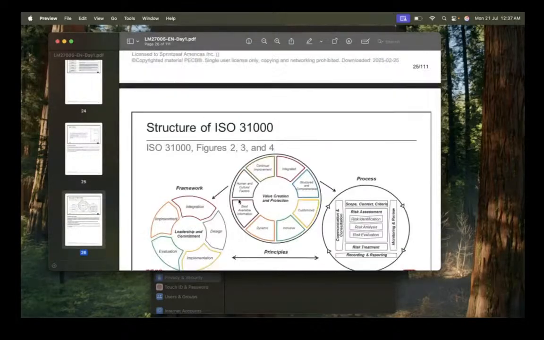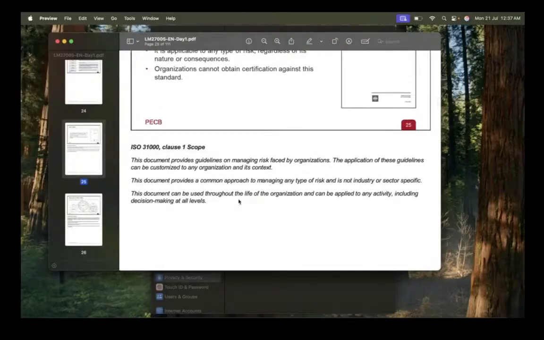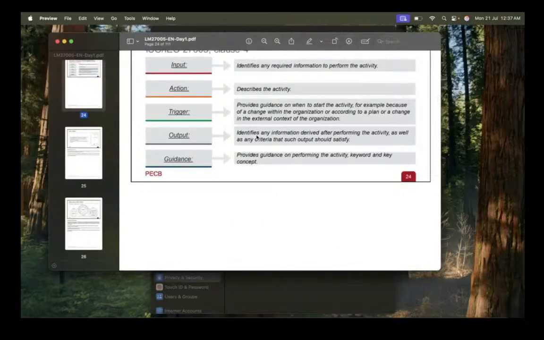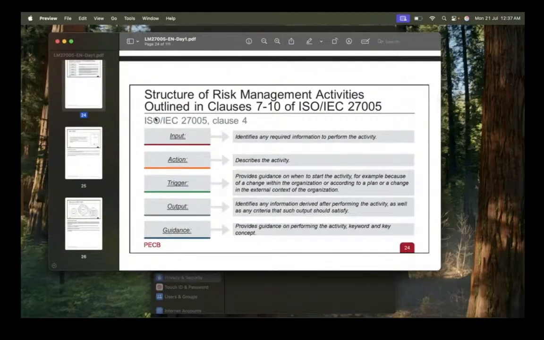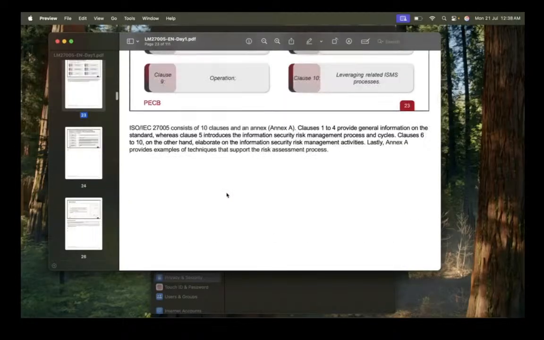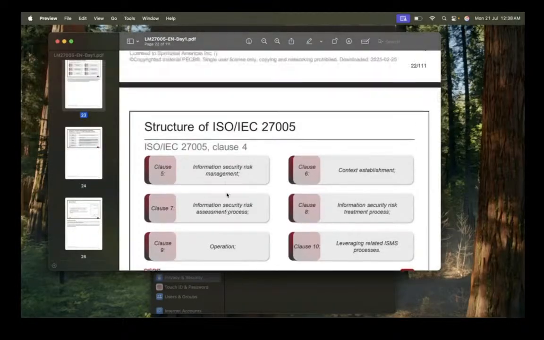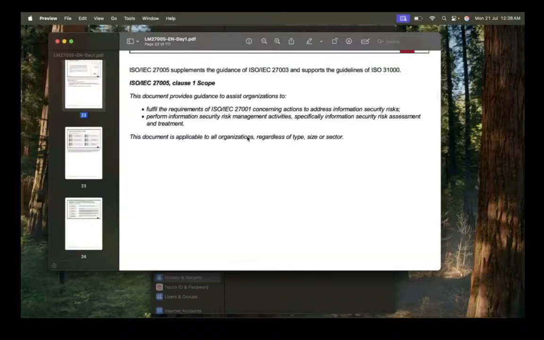If we go back, what are the structures we have discussed for the previous standards? For example, the structure of 27005: we have discussed input, action, trigger, output, and guidance, and also the clauses.